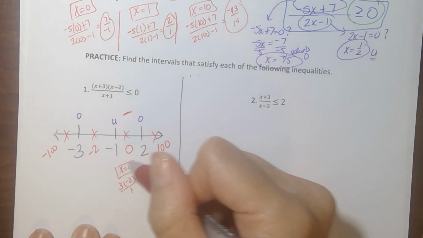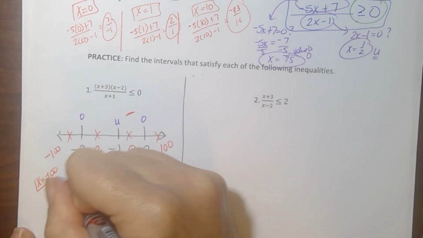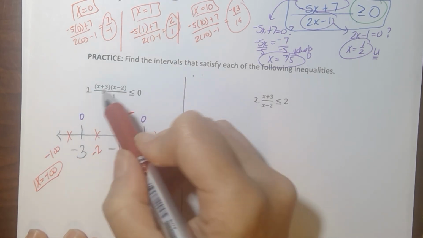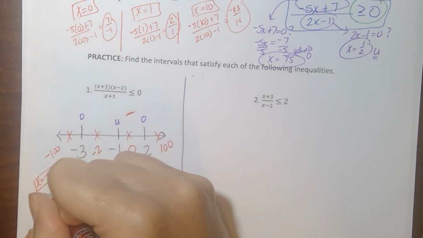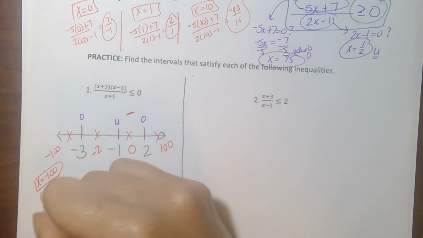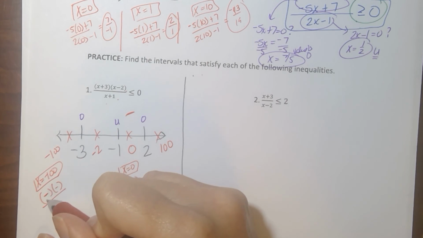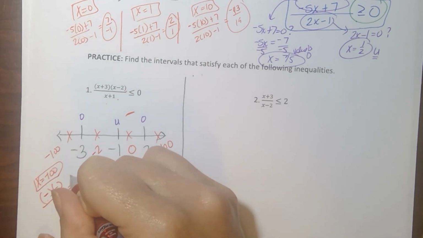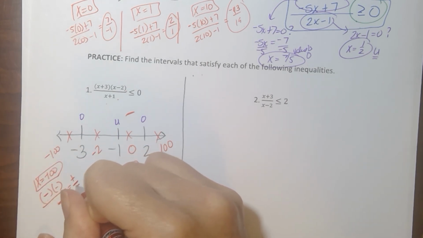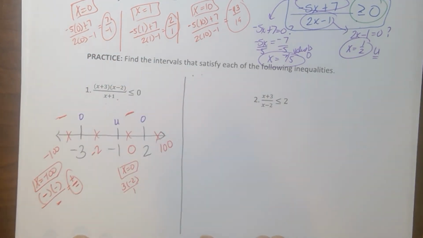If I check, let's do -100 together. If I plug in -100 into my expressions, that -103 is going to be negative. -100 minus 2 is also negative. -100 plus 1 is negative. A negative times a negative is a positive, but I'm dividing that by a negative, and that overall result is negative.